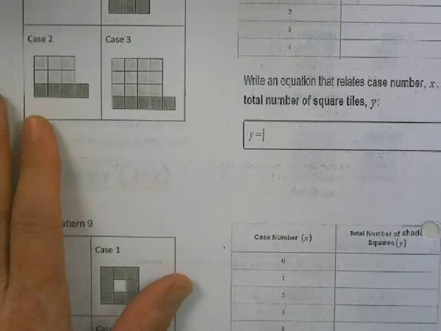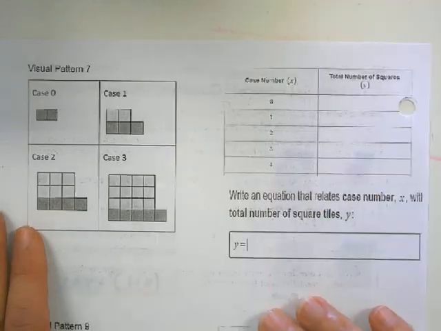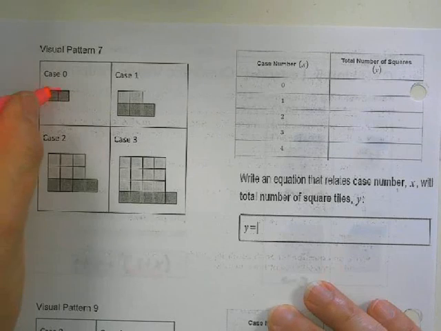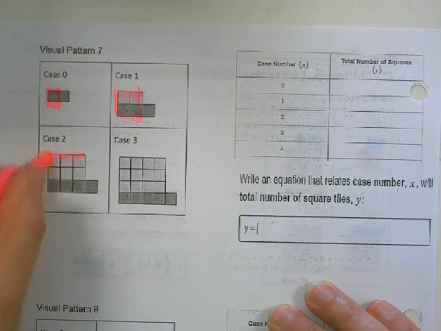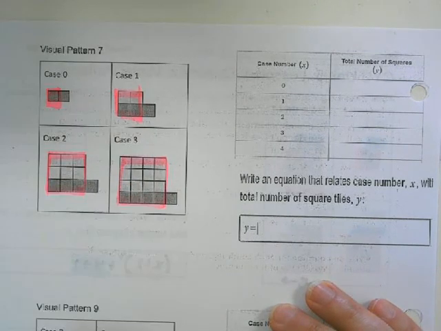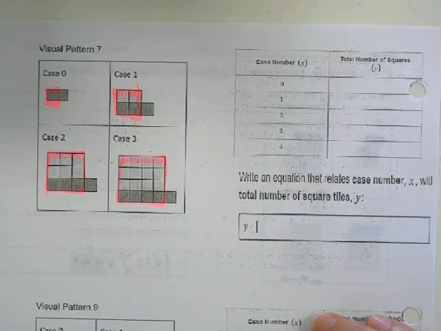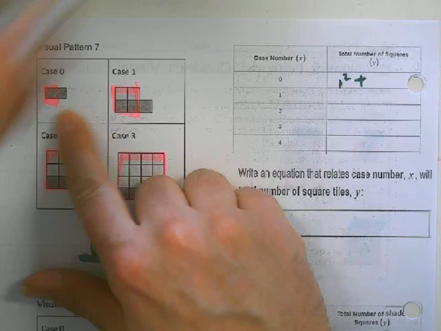Okay, so let's do the backside. Depending on how you're doing this, there's more than one way to answer these. But just to save time, I'm going to go over just one way at this point. Okay. So here I see, in case 0, I have 1 squared and we have plus 1.